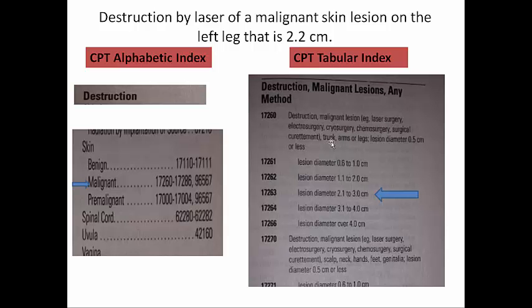I see this includes trunk, arms, and legs, and it is of the leg. Now, if this was the scalp, neck, hands, or feet, then I'd be down here at 17270. But I'm not. I'm up here where the leg is, and it's 2.2 centimeters. So my code for this procedure would be 17263.